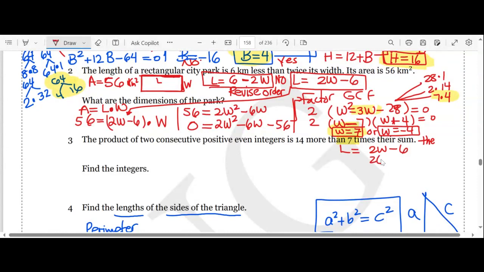How much is W? 7. Correct. Not -4, sorry. 2 times 7, take away 6. 14 minus 6 is 8. So that's how much? 8. So the length is 8. Is this clear?